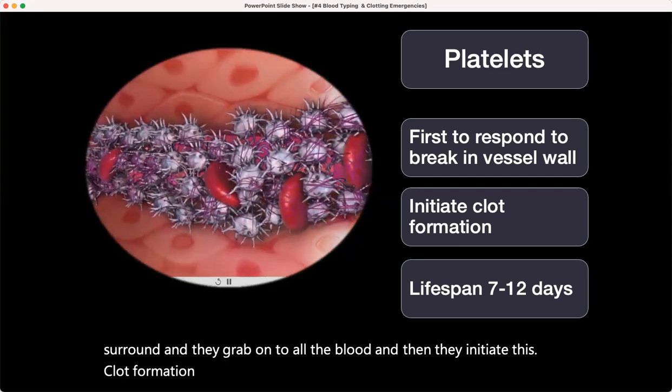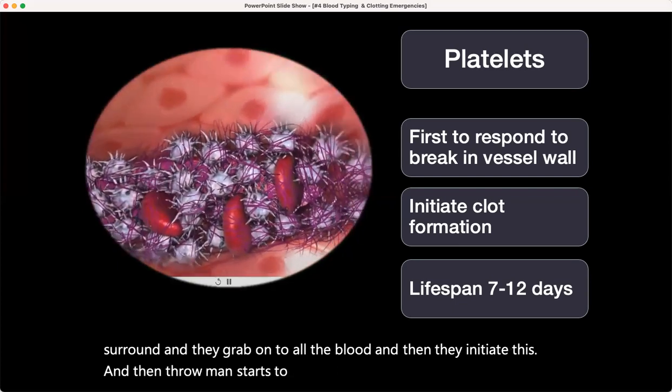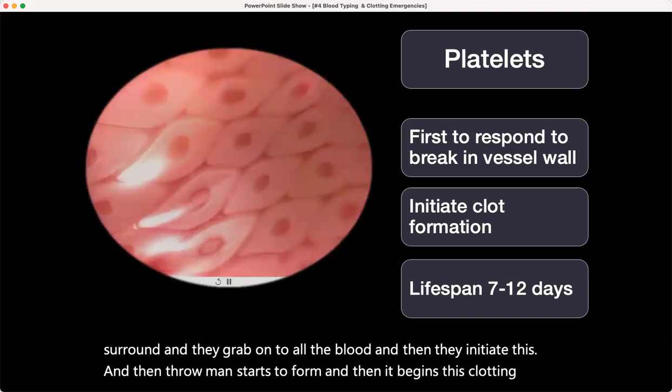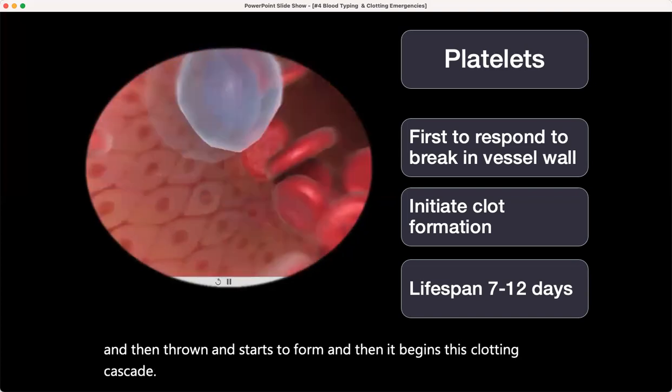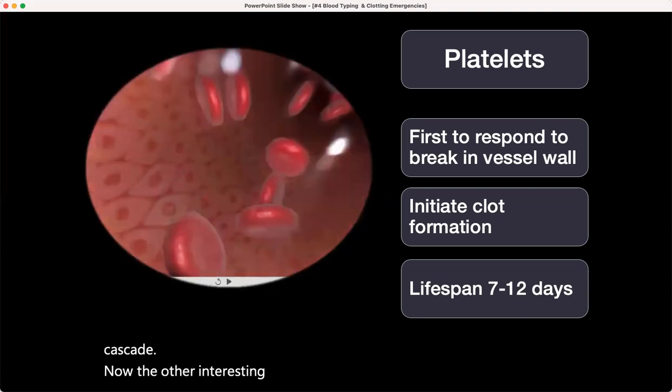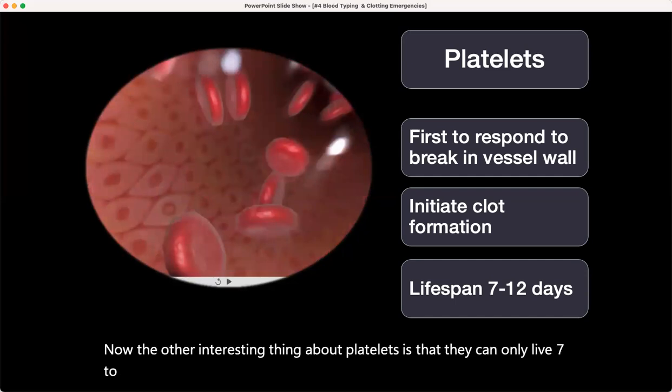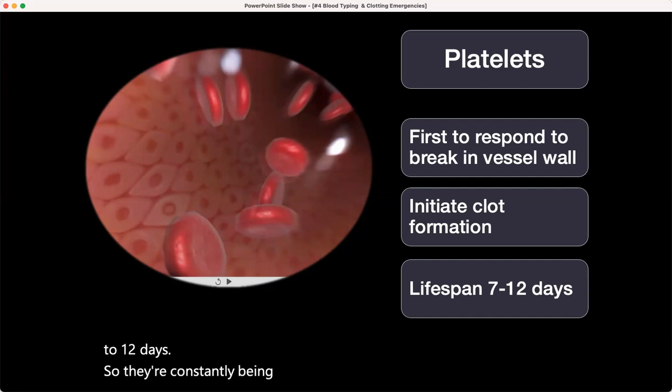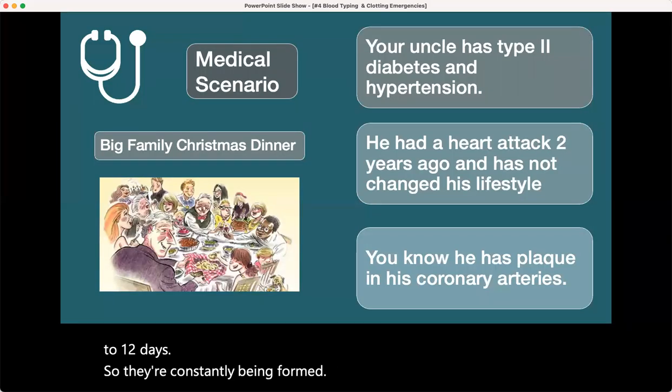And then thrombin starts to form, and then it begins this clotting cascade. Now, the other interesting thing about platelets is that they can only live 7 to 12 days. So they're constantly being formed. I'm going to come back to that in a minute.